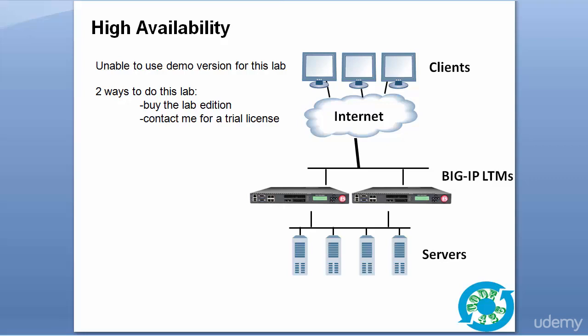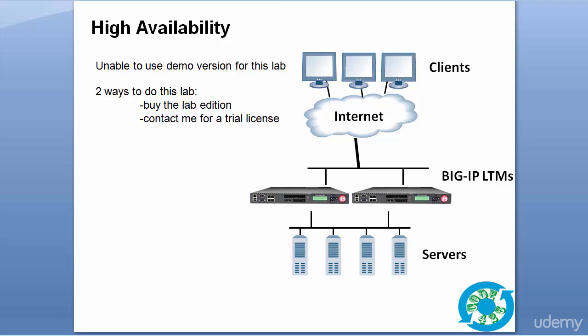This is a limitation of the demo version, as it does not support HA configurations. There are two ways around this. One, if you are planning on getting more experience with F5 technology, you can buy the lab version license for $100, and it allows you to provision most modules F5 offers, including GTM, ASM, and APM.